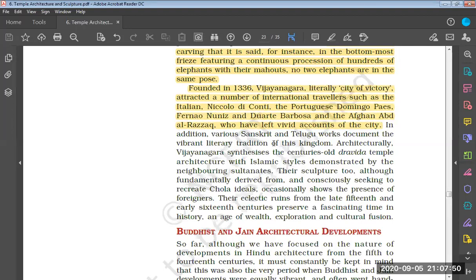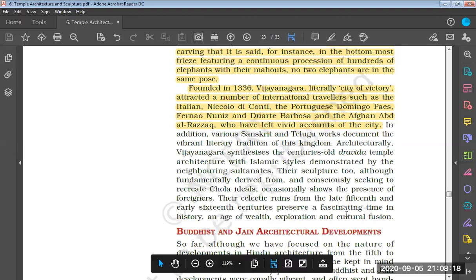Architecturally, Vijayanagar synthesizes the centuries-old Dravida temple architecture with the Islamic style demonstrated by the neighboring Sultanates. Their sculptures too, although fundamentally derived from and consciously seeking to recreate Chola ideals, occasionally show the presence of foreigners. Their eclectic ruins from the late 15th and early 16th century preserve a fascinating time in history, an age of wealth, exploration, and cultural fusion.